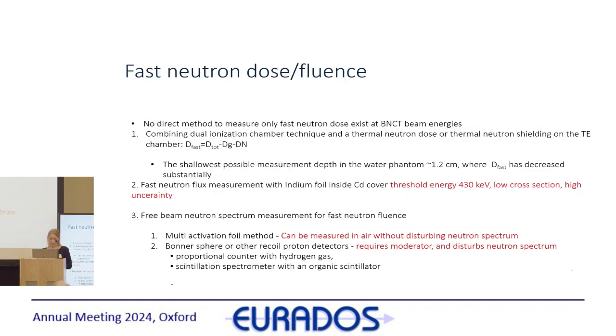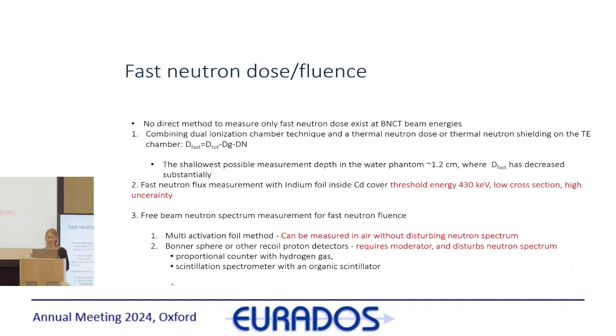For fast neutron dose and fluence, as I mentioned, there's no direct method to measure only fast neutron dose for BNCT. Again, if you have a reliable way to measure photon dose, you can do subtraction from the total dose and you get your fast neutron dose. But then there's a problem because fast neutron dose decreases very fast in the phantom.